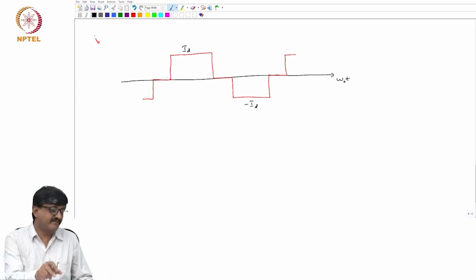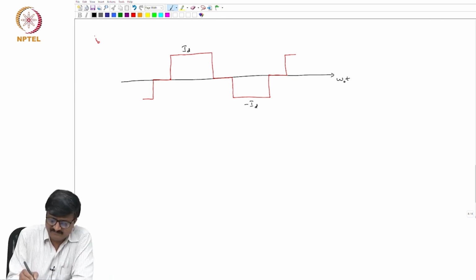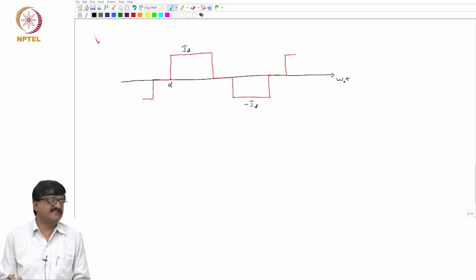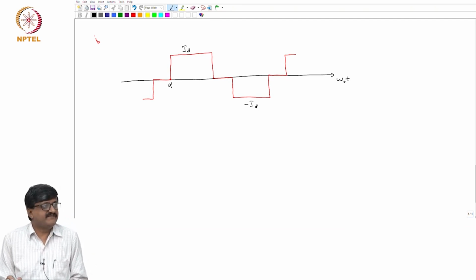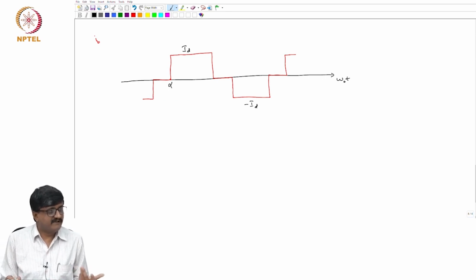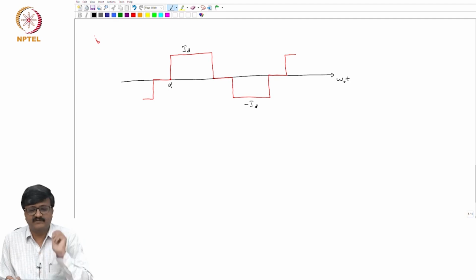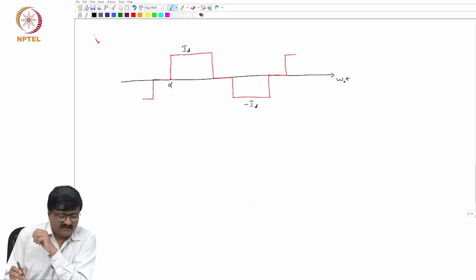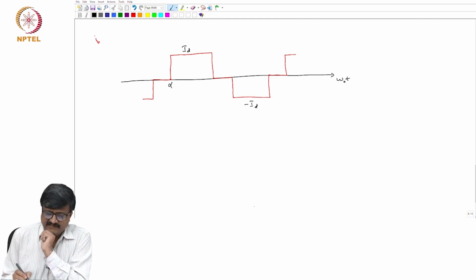Say this is the waveform of IB, alpha. So, alpha is the instant at which valve 3 is turned on. So, IB is non-zero only when either valve 3 is conducting, or valve 6 is conducting. Okay. So, that is alpha. So, if that is alpha, what is the instant at which it goes from minus ID to 0?